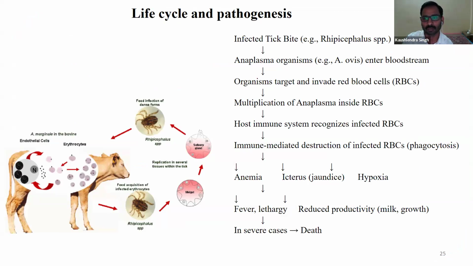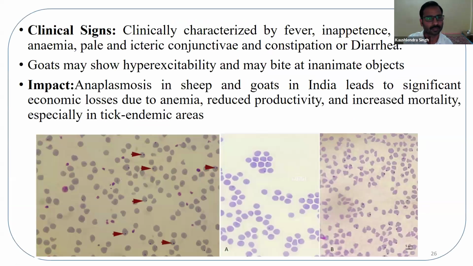The organism invades the RBC and multiplies inside the RBC, and when the host immune system recognizes the infected RBC, there is immune-mediated destruction of the RBC through phagocytosis, resulting in anemia, icterus, hypoxia, fever, lethargy, reduced milk productivity, and in severe cases, death. Goat may show hyperexcitability and may bite inanimate objects.